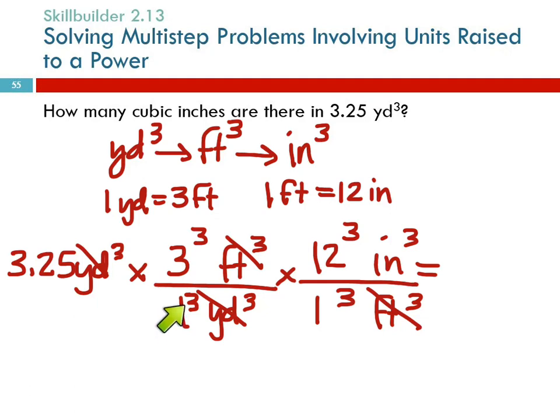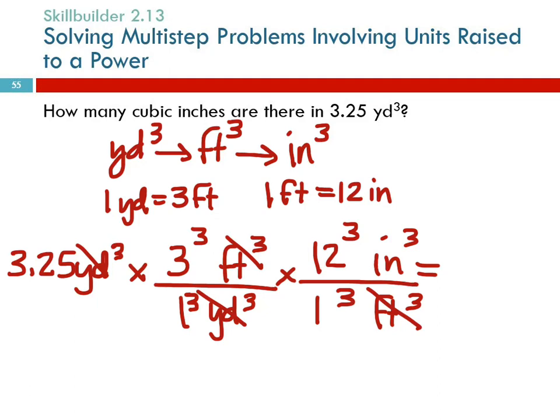Some shortcut methods might be to get rid of those 3's. Now 3 cubed, my brain immediately says 9, but that's 3 squared. Might as well let your calculator do that and avoid getting errors due to brain farts, okay?